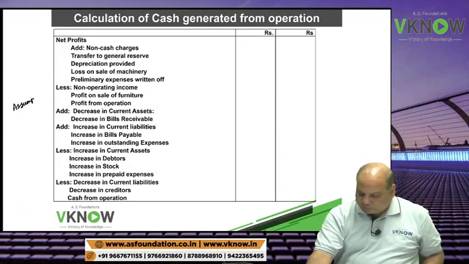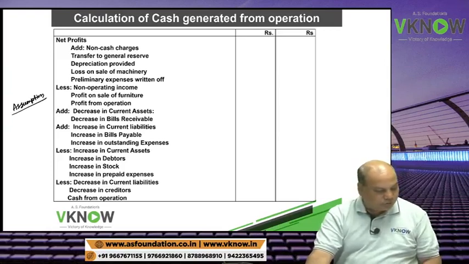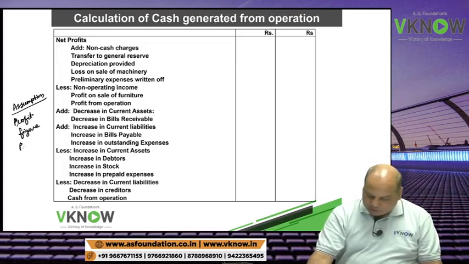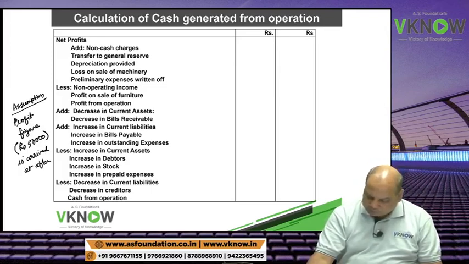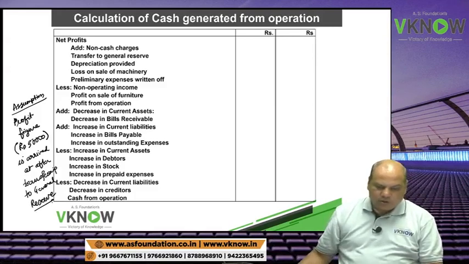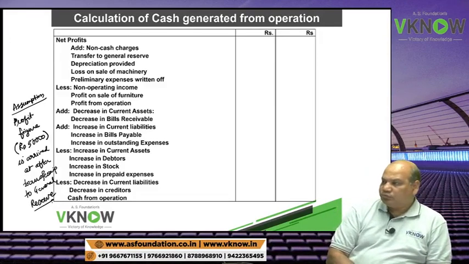Write an assumption. In this answer, in the last you have some space, write down assumption: Profit figure in bracket rupees 50,000 is arrived at after transferring to general reserve.